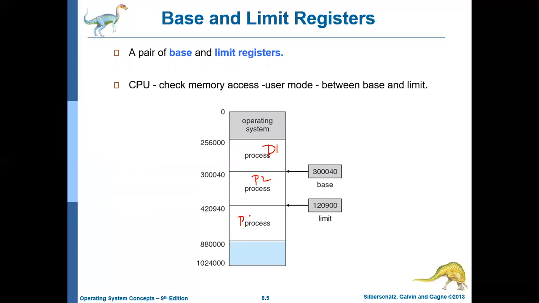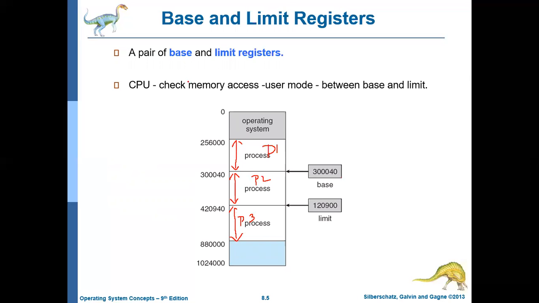Process 1 can access any memory contents between here and here, but it cannot access anything beyond that. Similarly, process 2 can access only memory contents between these locations, and process 3 can access only memory contents between these locations. So this should be ensured.